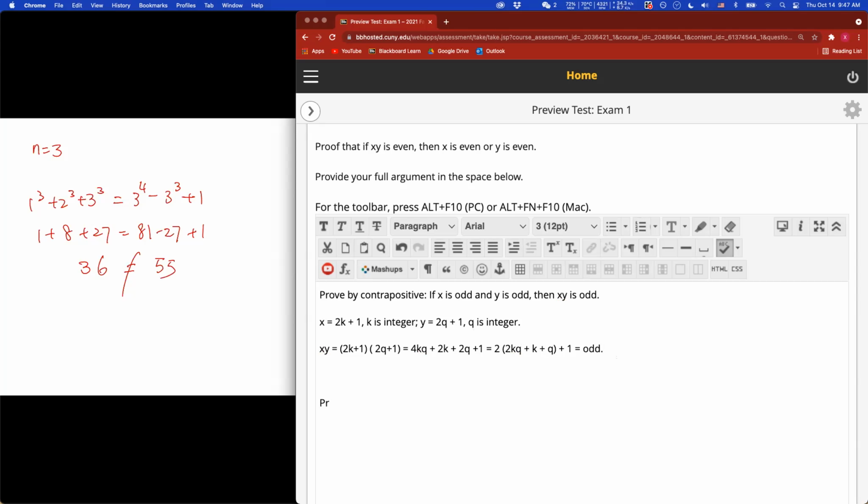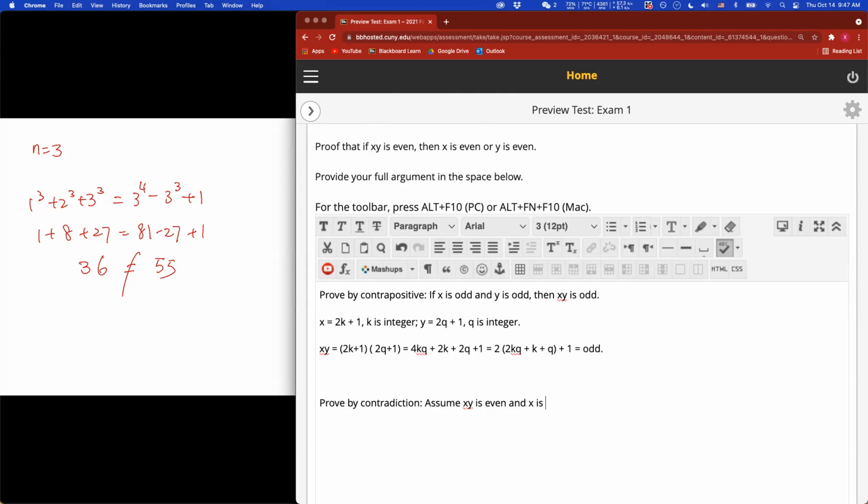Now, besides proving by contrapositive, you can also prove by contradiction, in which you will assume the negation of the statement. The negation is: assume xy is even, and you negate the q part, right? You have p and not q, so you need to negate the q part.